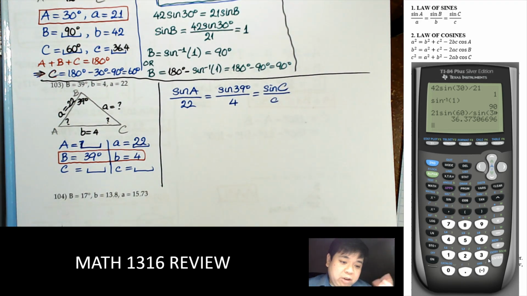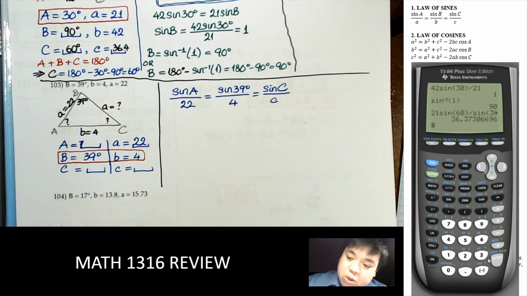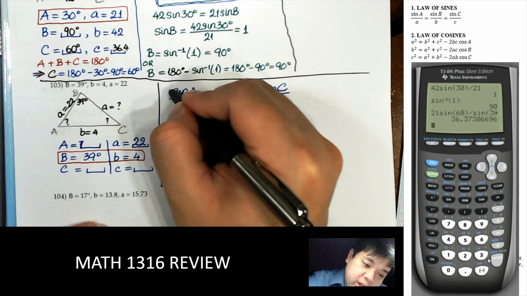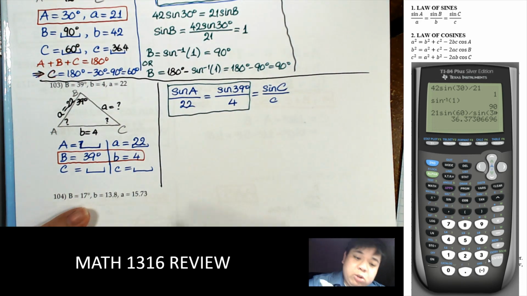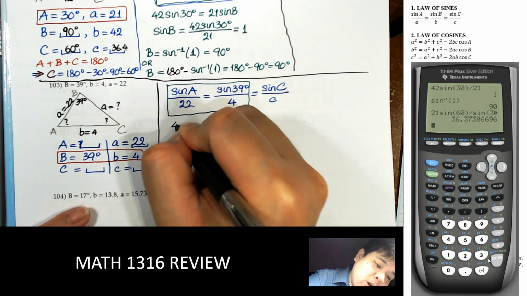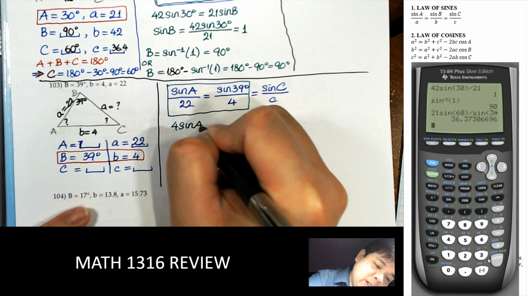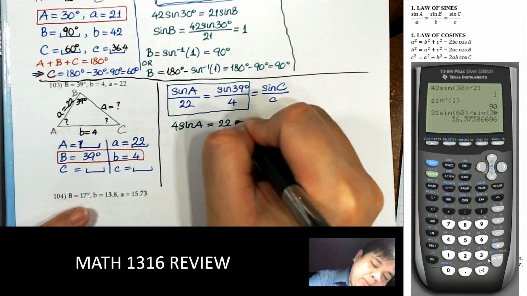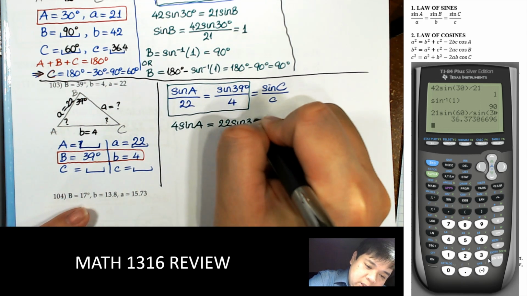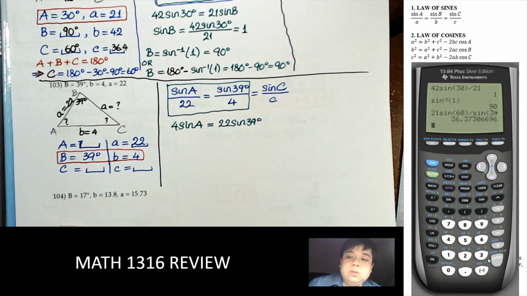Let's put everything we know in the formula. The only thing we can do here is find sine of A. So cross multiply: 4 sine of A is equal to 22 times sine of 39 degrees.